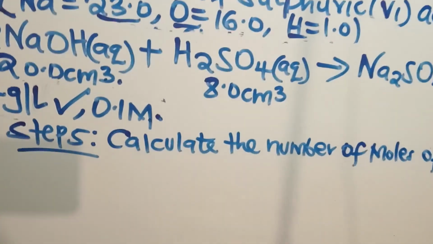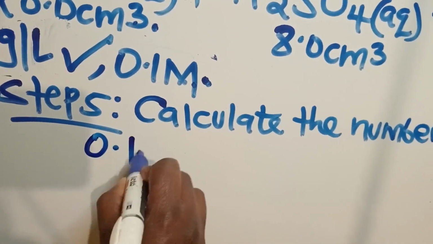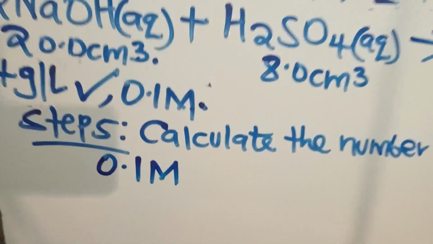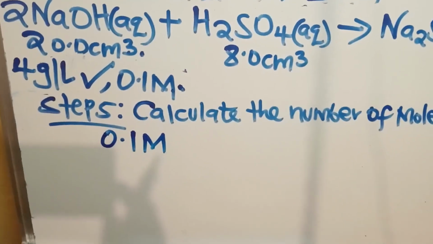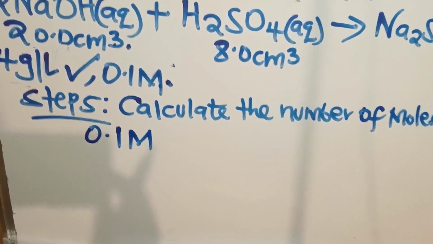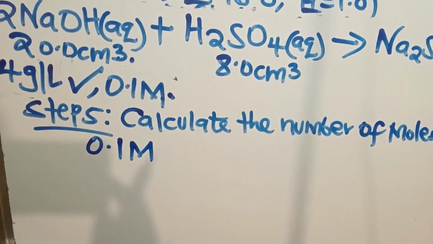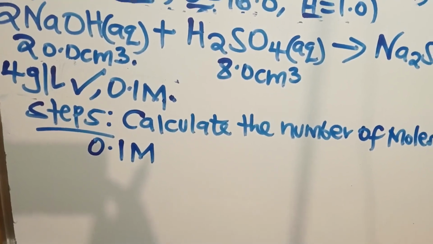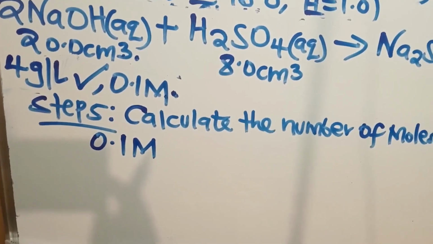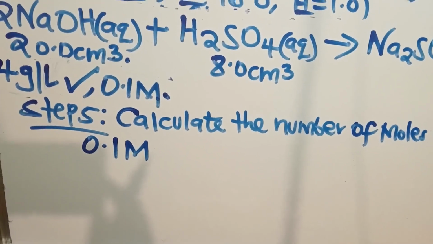Instead, you interpret. For example, 0.1 capital M. That means that we have 0.1 moles in a liter. The interpretation of 0.1 molarity, capital M, is 0.1 moles in a liter.